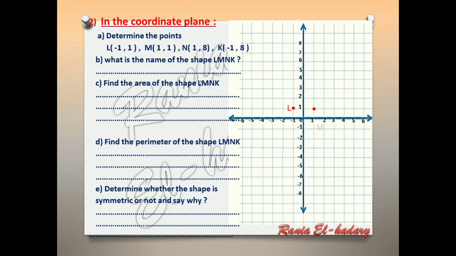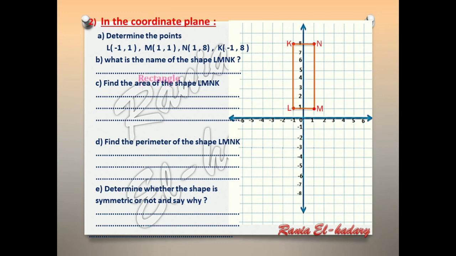Write the name M. Put point N, 1 and 8. Write the name N. Put the point K and write K. Join from L to M, then MN and NK. The last is KL.